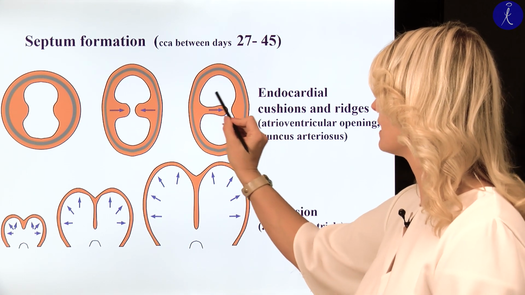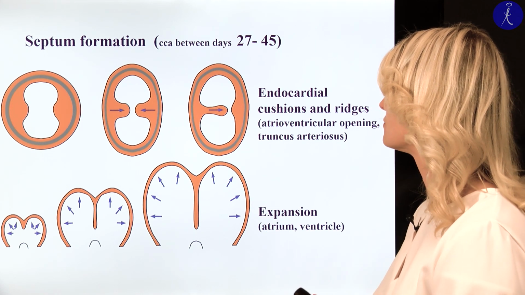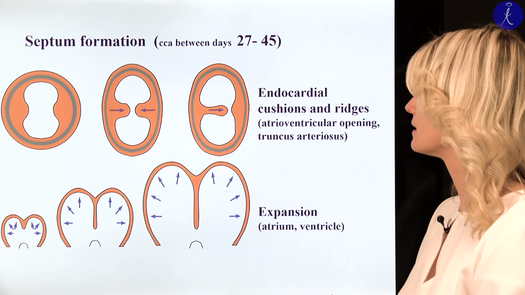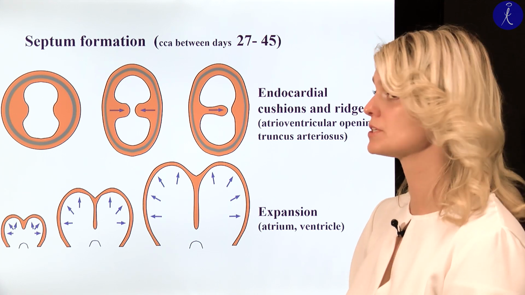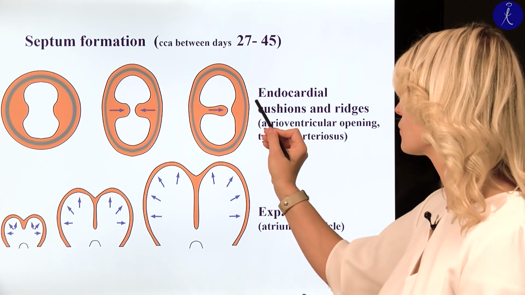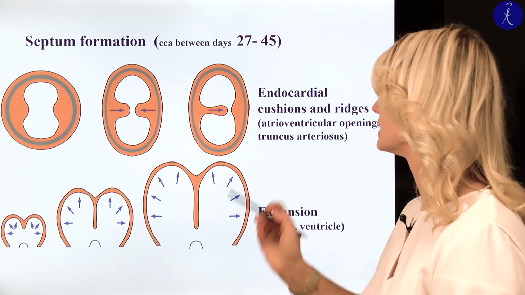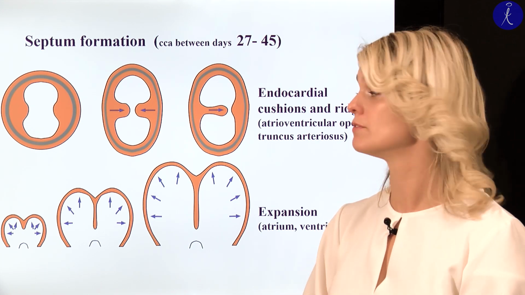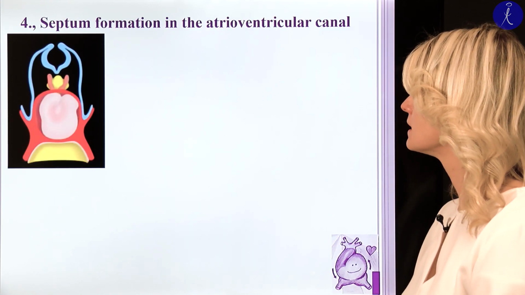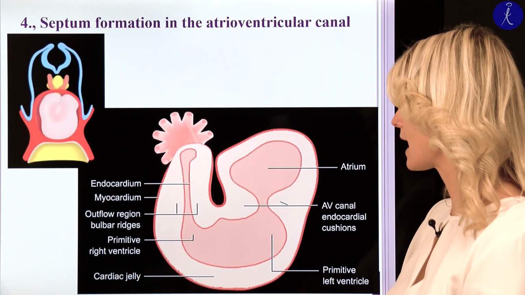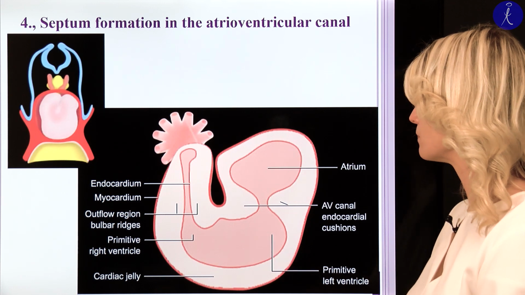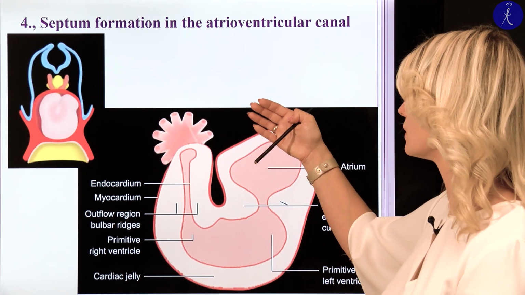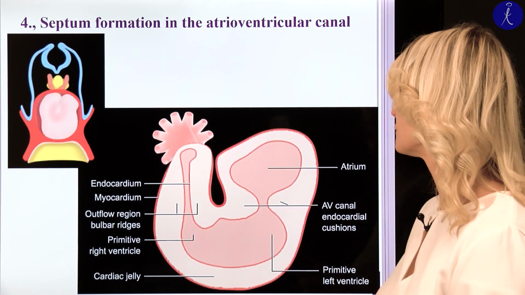First, regarding the development and separation of the atrioventricular canal, we will talk about the formation of the endocardial cushions, which will separate the atria from the ventricles. So let's see what's happening. Here you can see the picture of the heart tube.